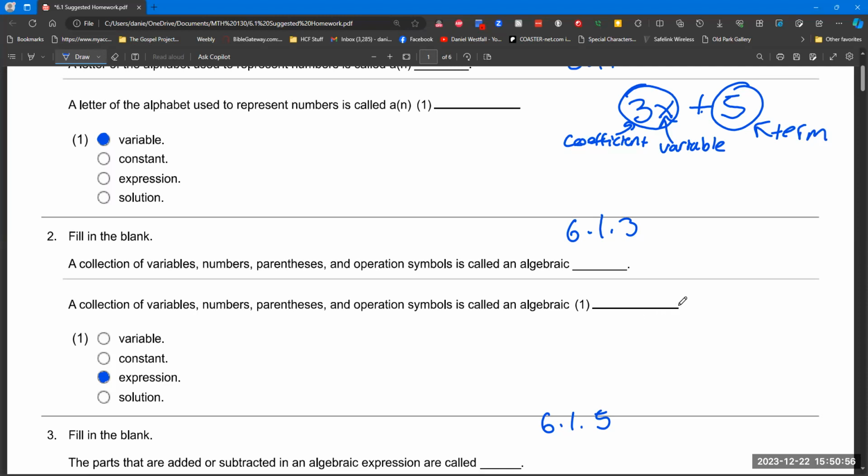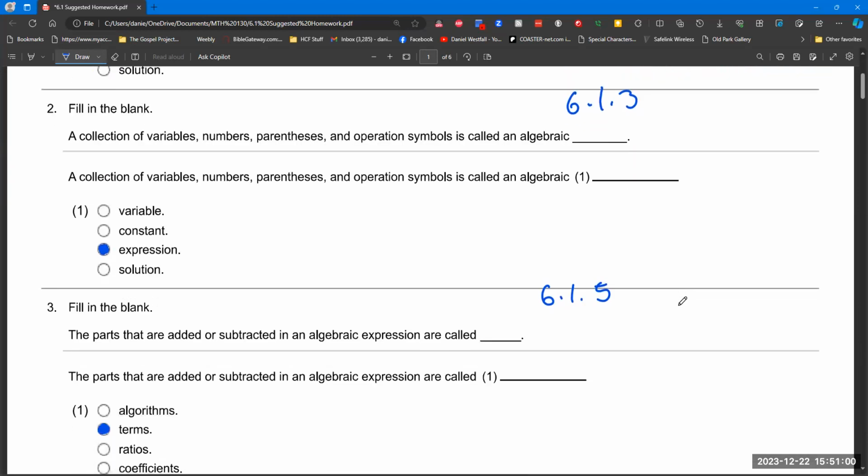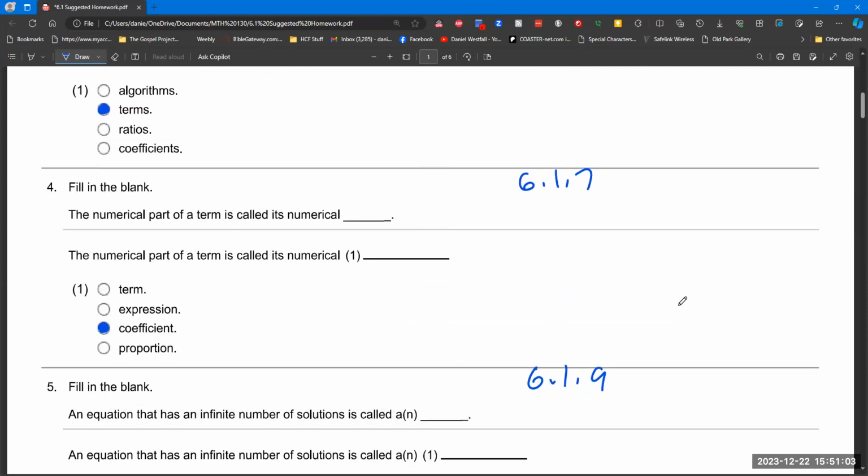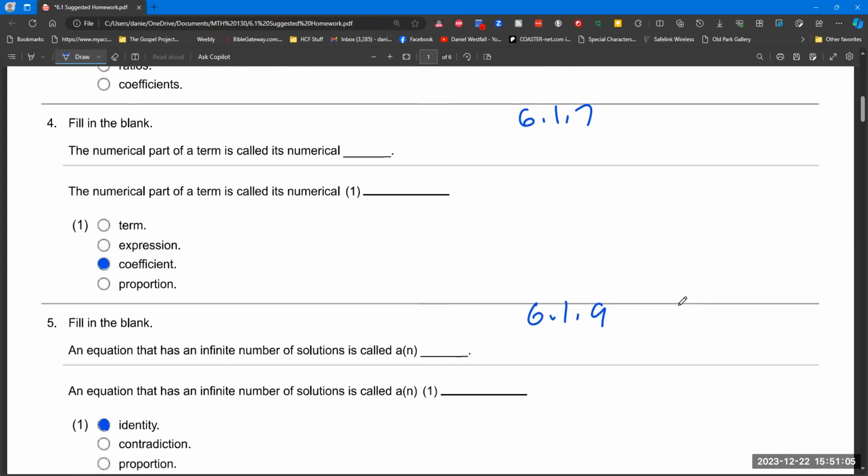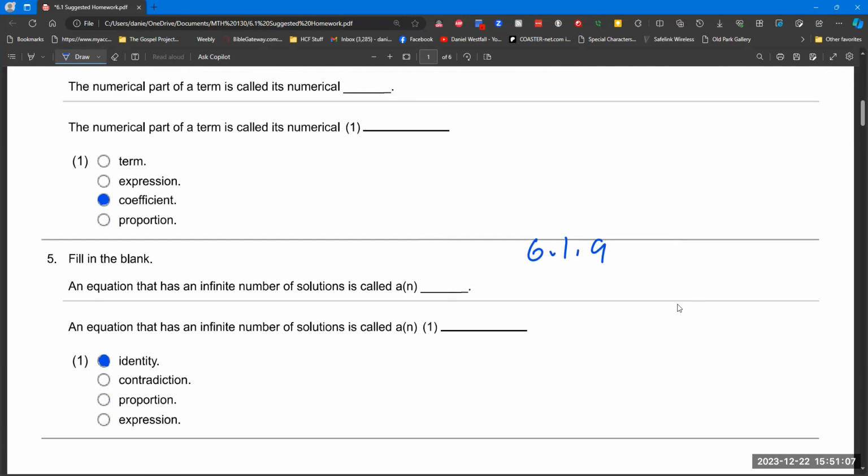Let's go down and show you what an identity would be as opposed to other types of equations. So if I have a literal equation that I'm trying to solve, let's start off with something that's not an identity. 3x plus 5 equals 14.